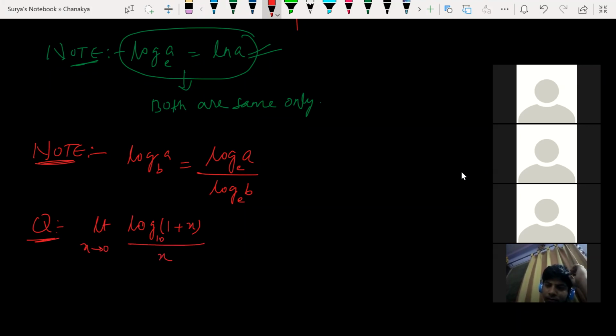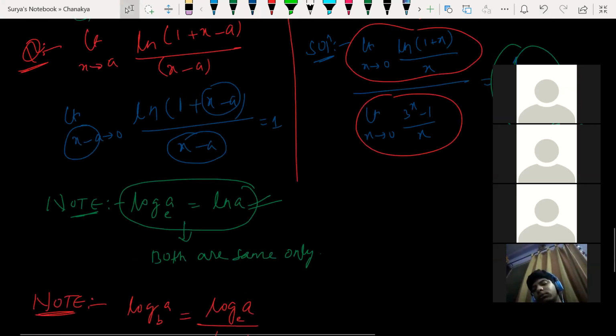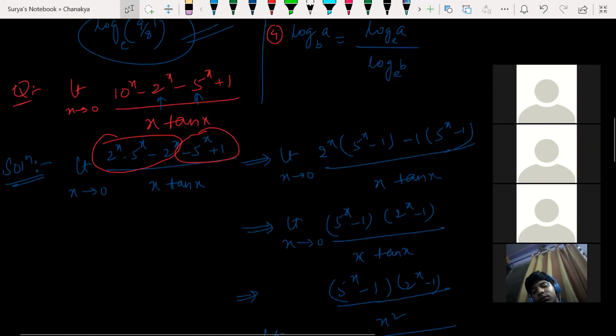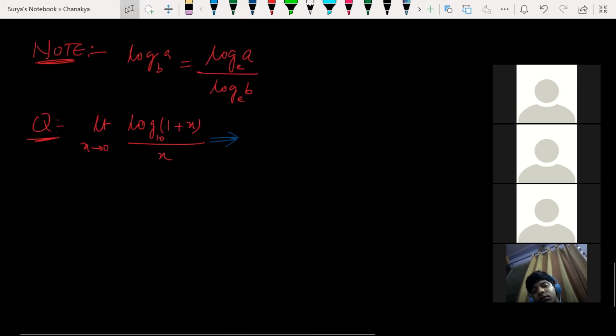Compare, you just have to apply the formula. Make it fast.